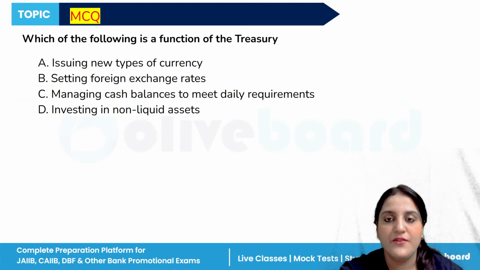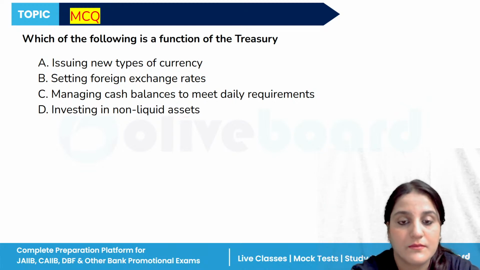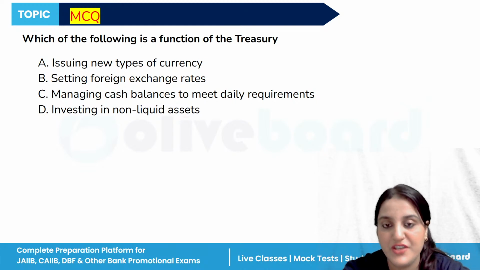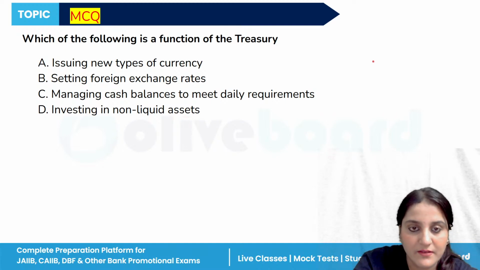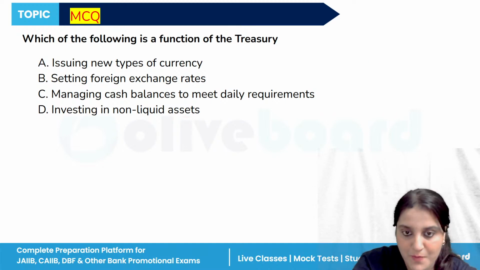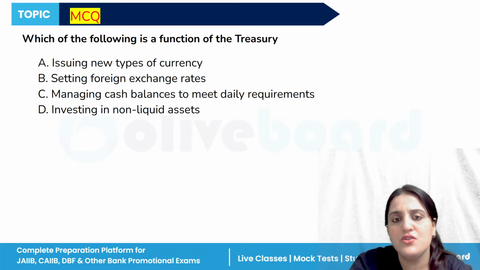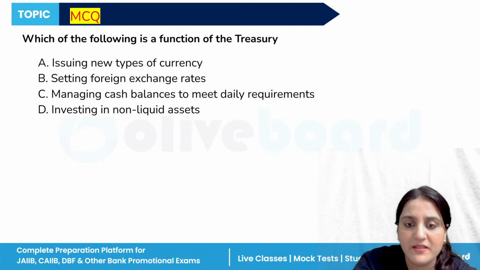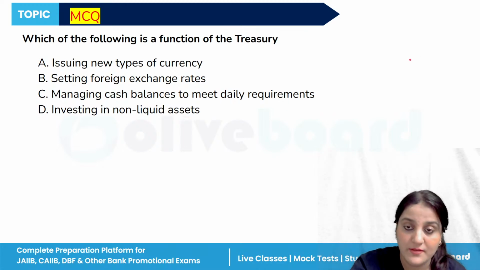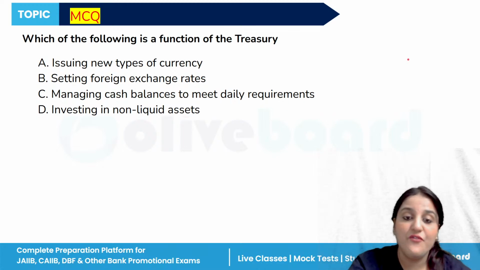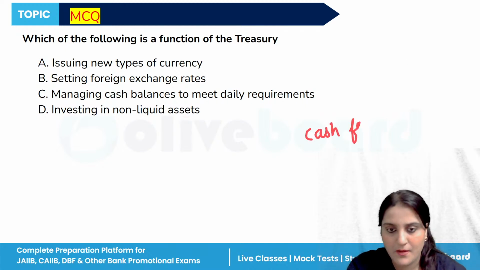Which of the following is a function of the treasury? Treasury functions are basically maintaining adequate cash balances to meet the daily requirements, deploying the surplus funds which are generated from the operations, and also sourcing funds to bridge the occasional gaps in the cash flow.